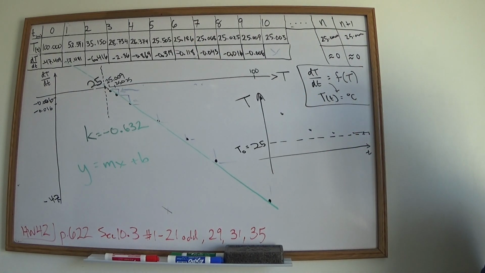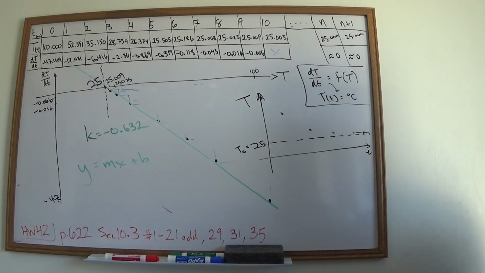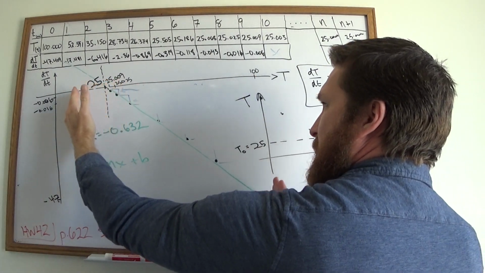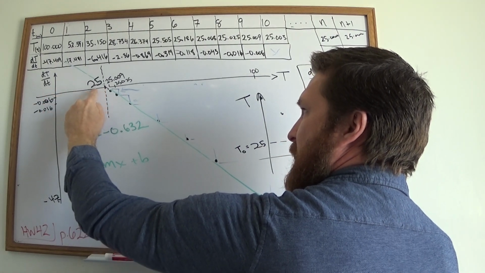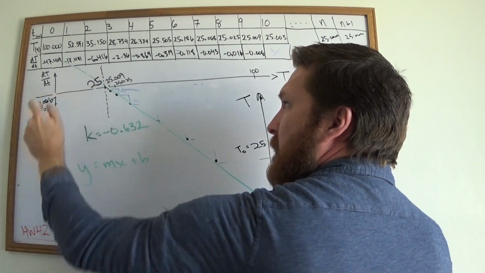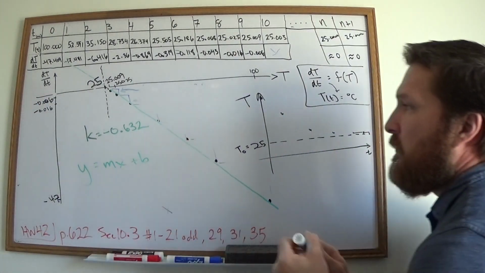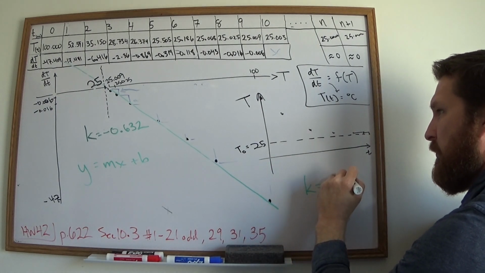So what we're going to do is just be a little bit tricky here. We're going to say, well, hold on. If I just take this picture and shift it over to here, then the y-intercept will be 0. Let me re-record this. I have my k, which is negative 0.632.